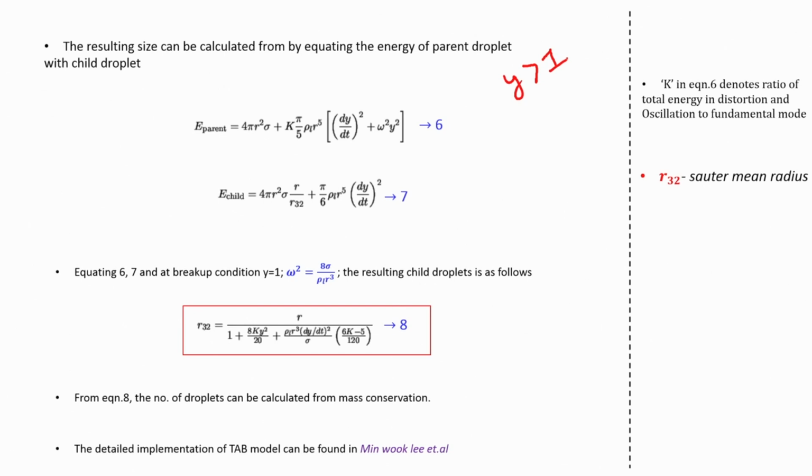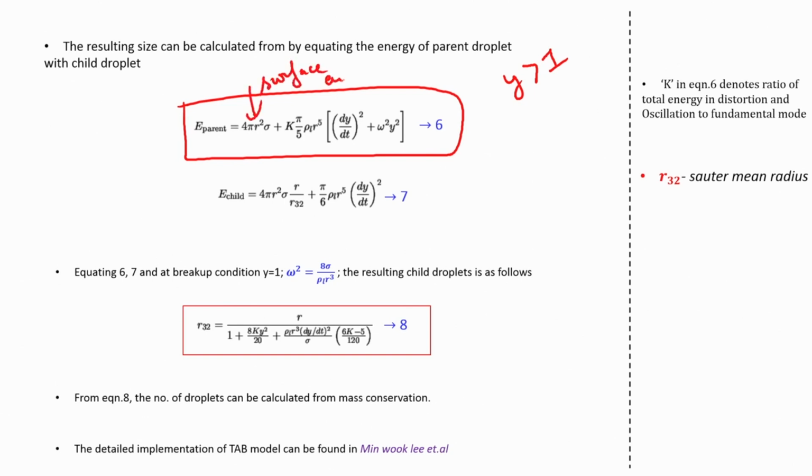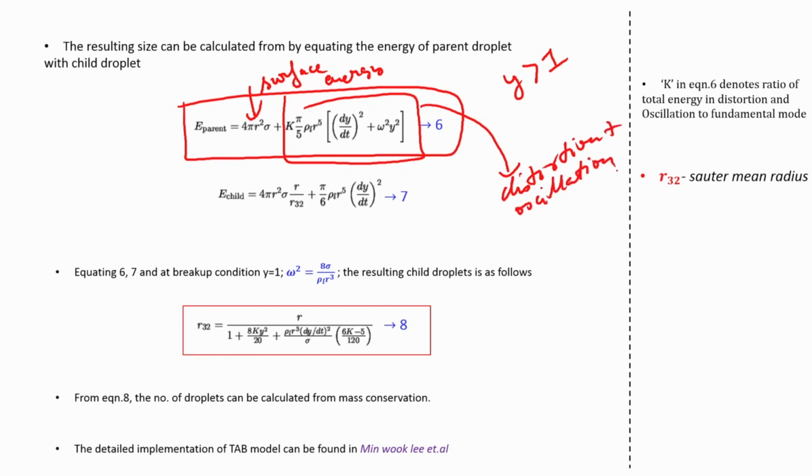To do that, what you do is calculate the energy of the parent droplet. So, what is the energy of the parent droplet? It comes from two forms. One is the surface energy, okay, and the other source of energy comes from the combined action of distortion, energy due to distortion plus oscillation, got it, distortion plus oscillation, right, and K is basically the ratio of distortion and oscillation in the fundamental.